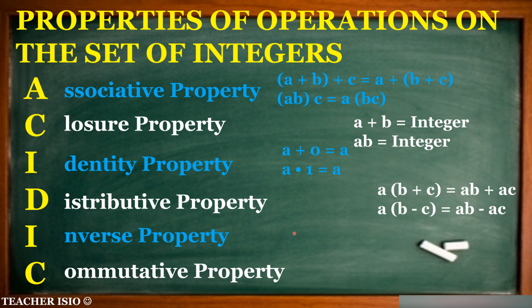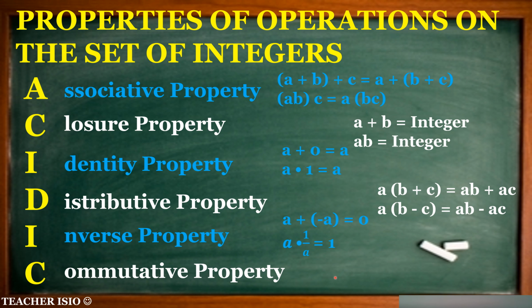Next, we have distributive property. A times B plus C equals AB plus AC. A times B minus C equals AB minus AC. Next, let's have inverse property.